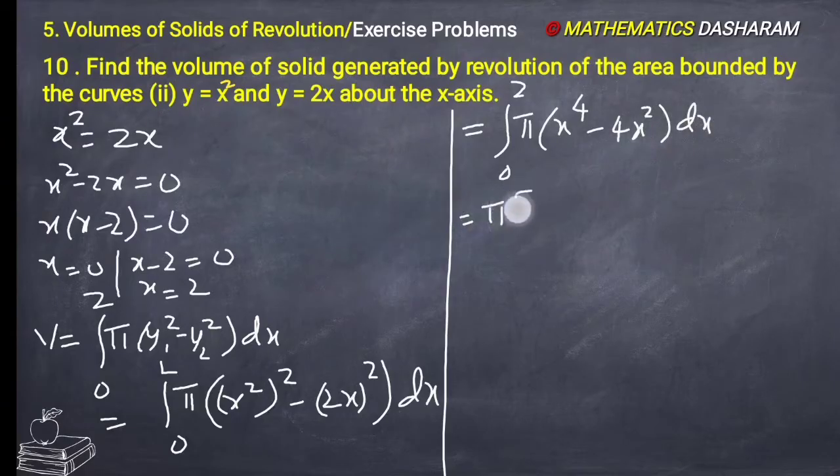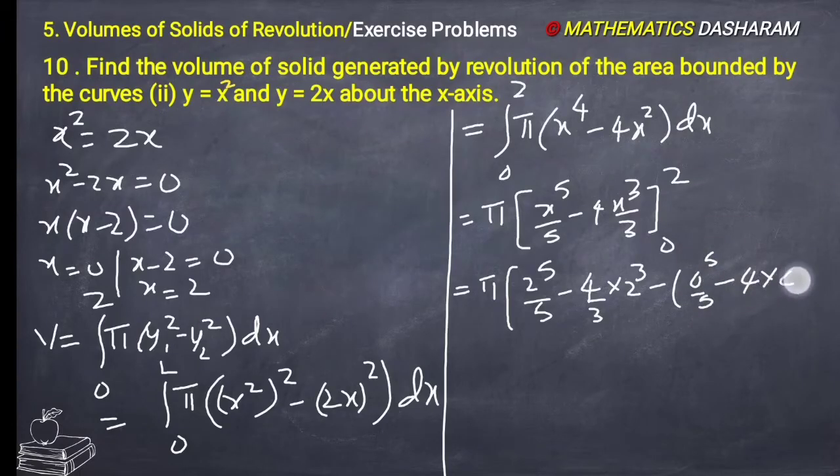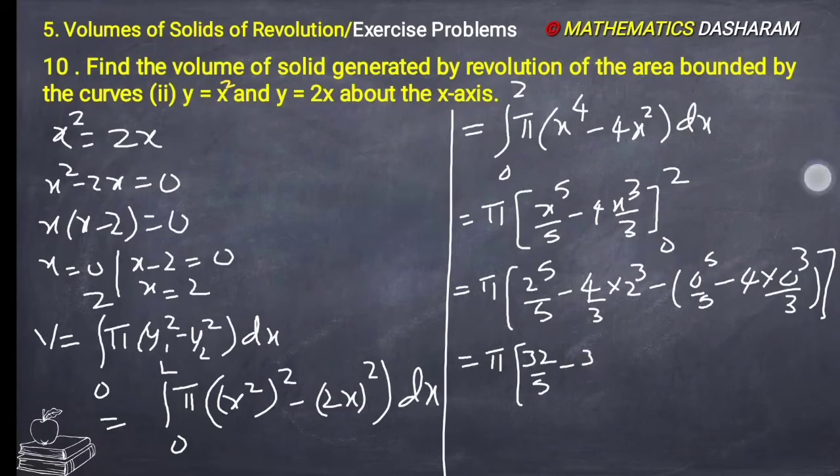So pi bracket of x to the power of 5 by 5 minus 4x cube by 3, 0 to 2. So pi bracket of 2 to the power of 5 by 5 minus 4 by 3 into 2 cube, minus 0 to the power of 5 by 5 minus 4 into 0 cube by 3.